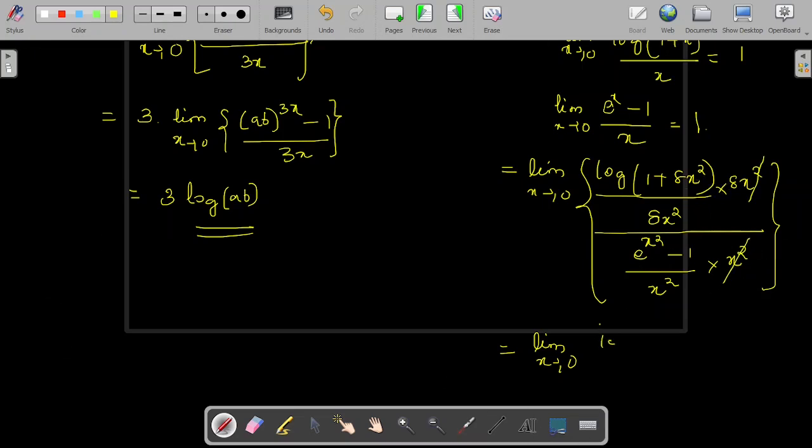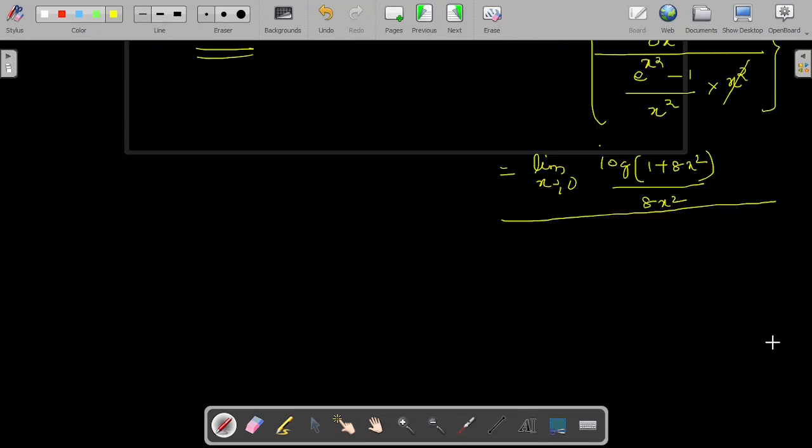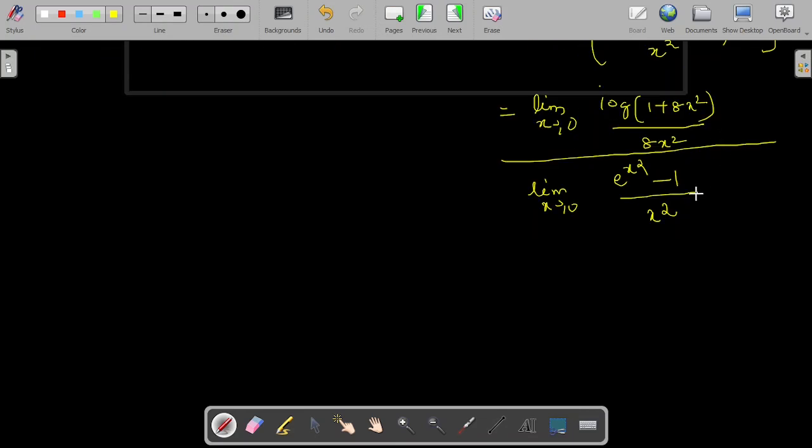So log of 1 plus 8x square divided by 8x square, whole divided by limit x tends to 0 of e to the power x square minus 1 by x square. So here 8 is extra. Let me write it here, 8 into this value. Now apply the limit.